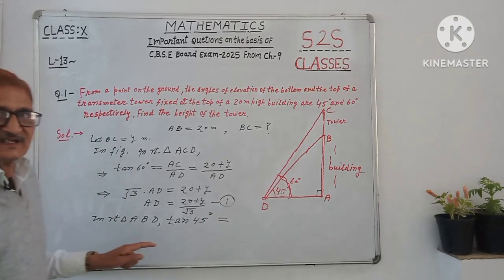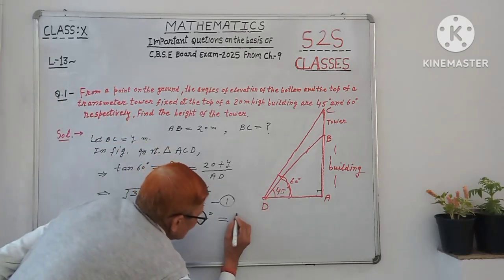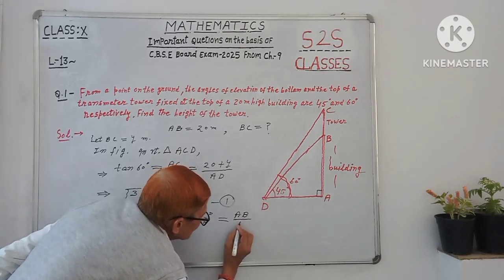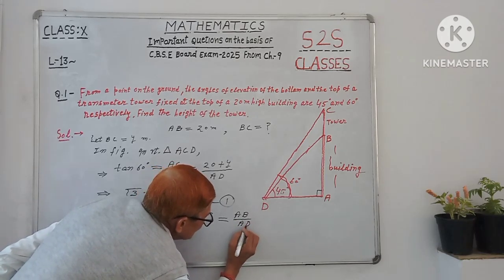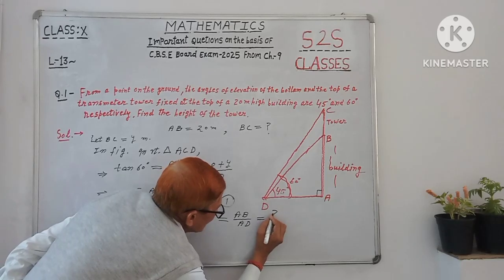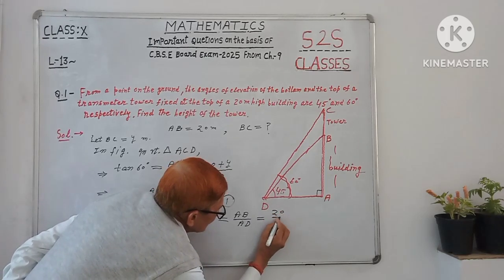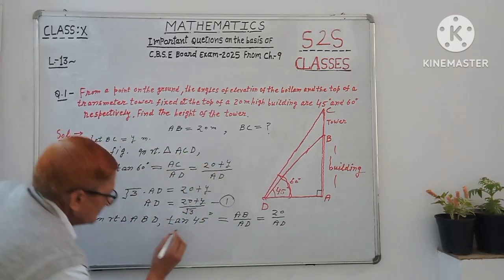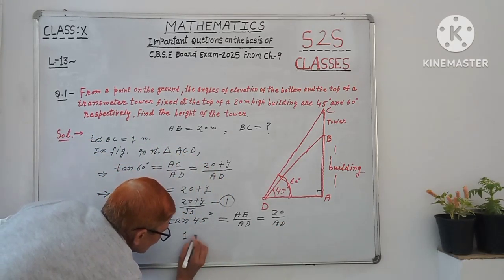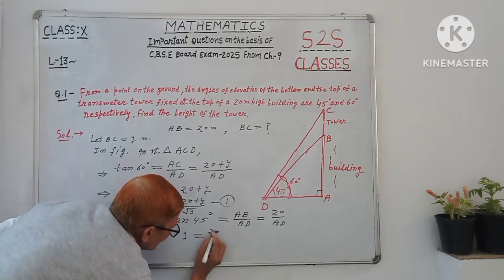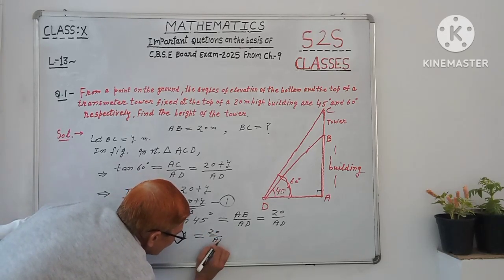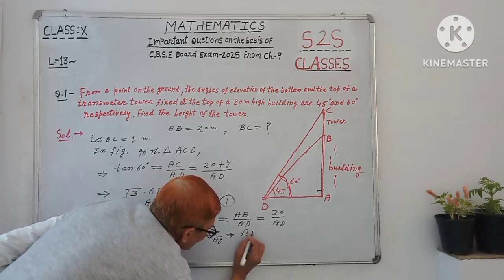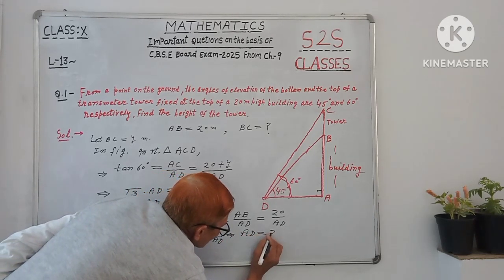So tan 45 degree is equal to opposite AB upon adjacent AD. Opposite side AB, given building height 20 meter, upon AD. Tan 45 is 1, so 1 equals 20 upon AD. This implies AD equal to 20 meter.